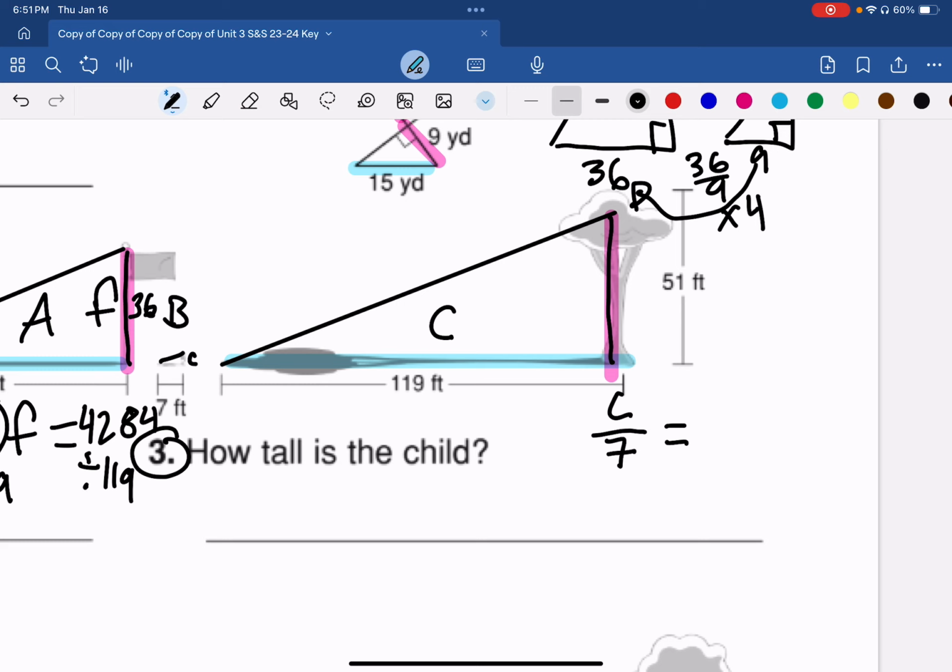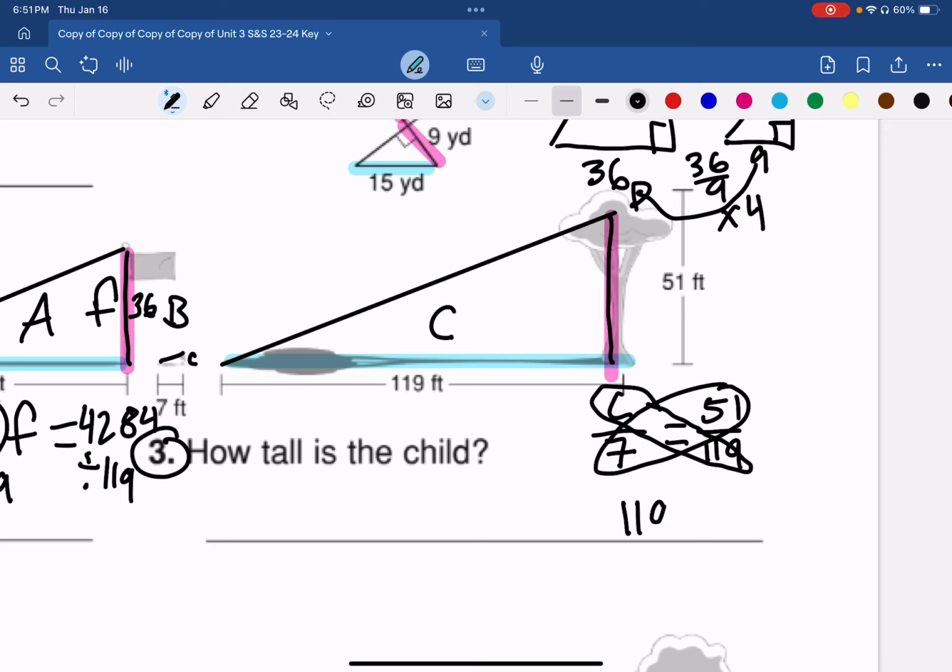And then I need to compare the height of the tree to its shadow. And yes, shadows are going to be larger than your height. I don't know if you've ever looked at yourself in the sun, but sometimes, depending on where you're standing, your shadow gets super stretched. Check it out. So then we cross multiply, and then pause the video, see if you can get it from here.